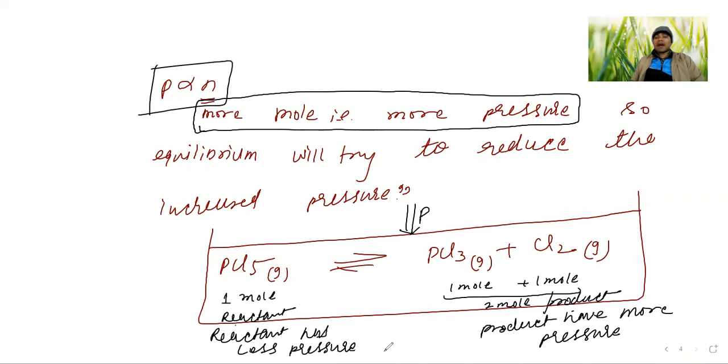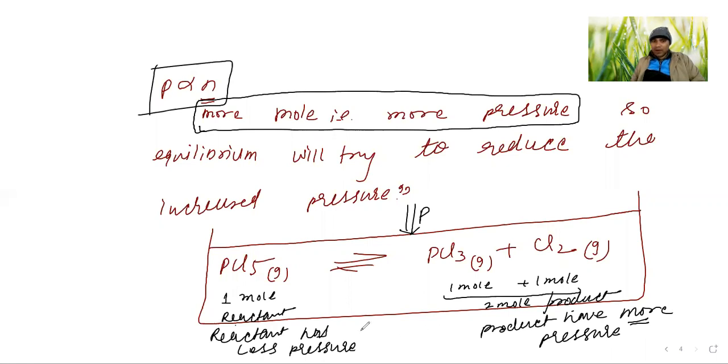Which direction will the equilibrium shift so that the increased pressure and decreased pressure can be equal? Forward or backward? Sir, it will be forward.